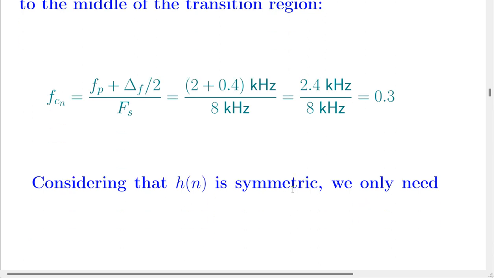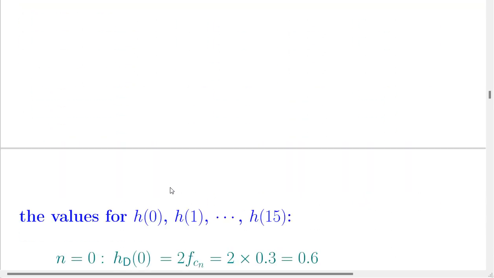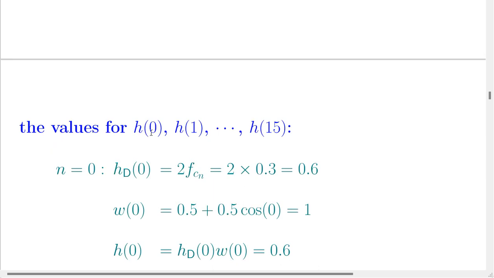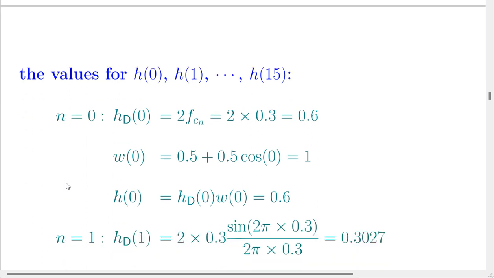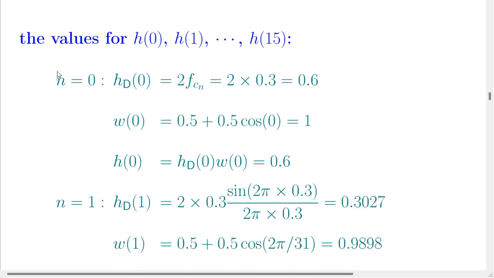Considering that h of n is symmetric, we only need the values for h of 0 up to h of 15 to be computed. So here we have shown every detail for the computations.